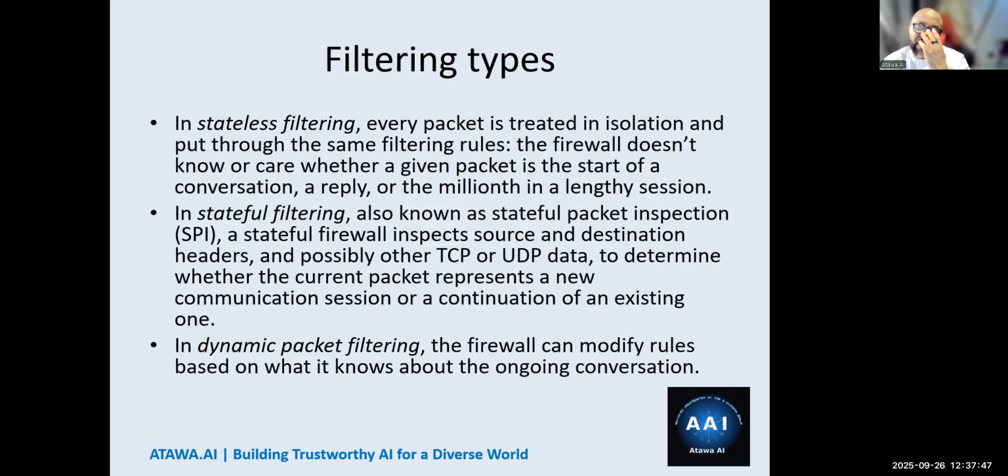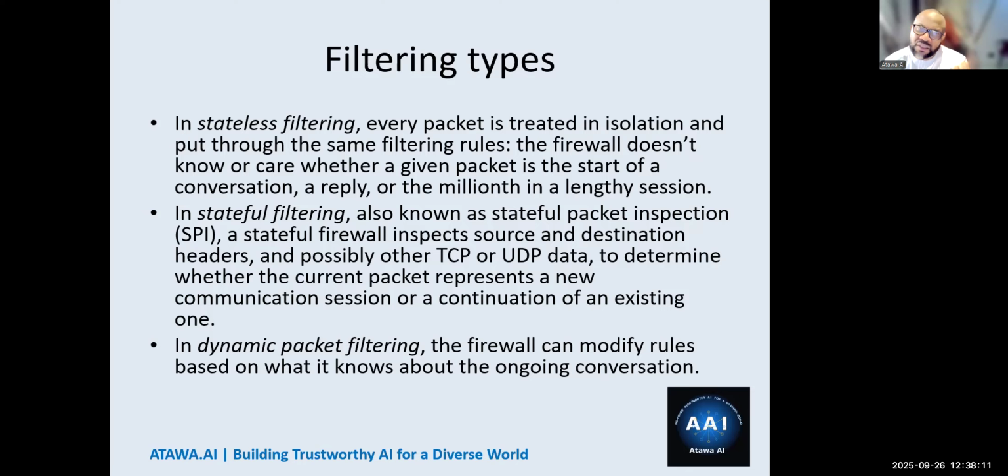Stateless, when I get a packet that comes in on my router, I don't know or care whether that packet is the start of a conversation, a reply, or whatever. So I'm not concerned about the state of the communication. I just examine it in isolation. Whereas with stateful, you hear the term stateful packet inspection or SPI.